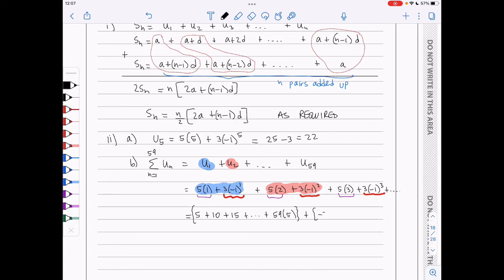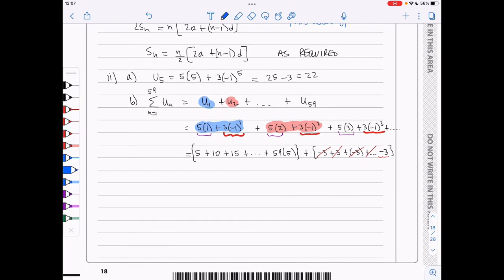So it's going to be minus 3 plus 3 plus minus 3 and so on, with the last term being a minus 3. So they will all cancel out, the minus 3 with the plus 3, the minus 3 with the next plus 3, and I will be left with the minus 3 here.